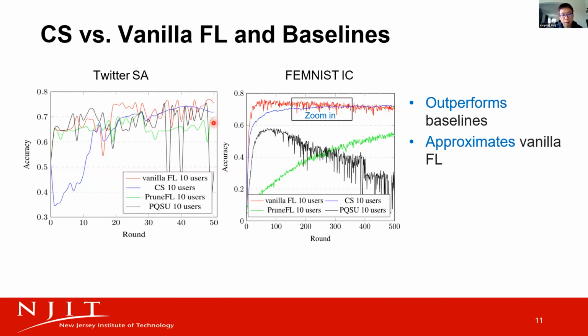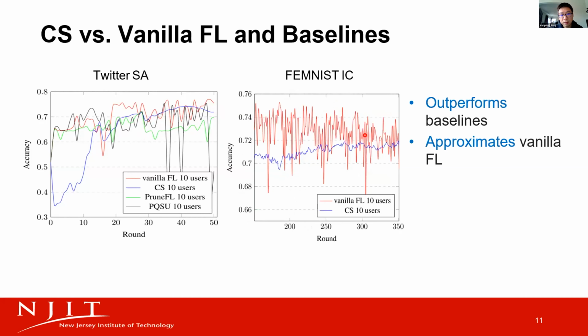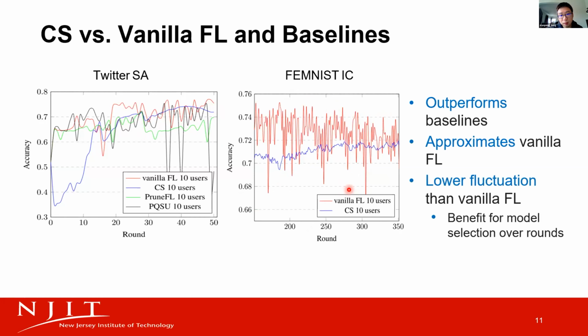Eventually, through the training process, our process can still approximate the vanilla federated learning performance. And also, when we zoom in on the learning curve, as we see, our process has a lower fluctuation than vanilla federated learning. This is a benefit for model selection when we do not have a representative validation data set. So with our process, it's safer to just use the current model.